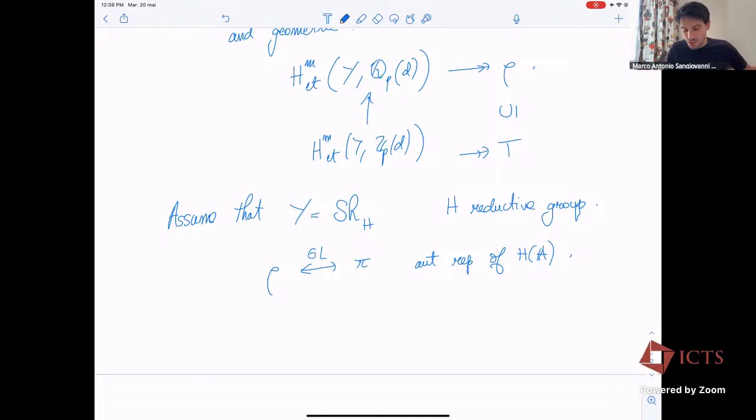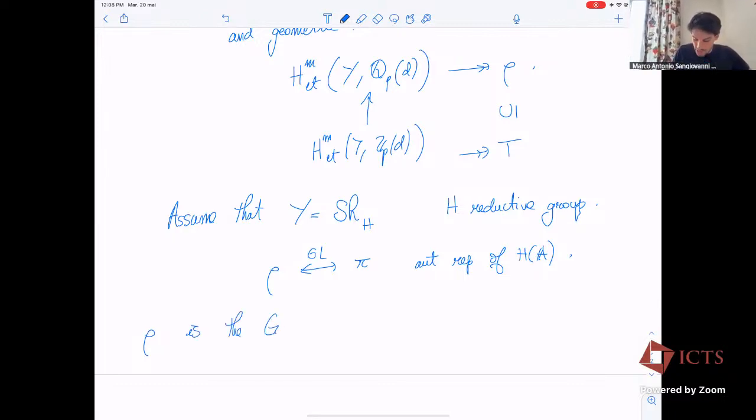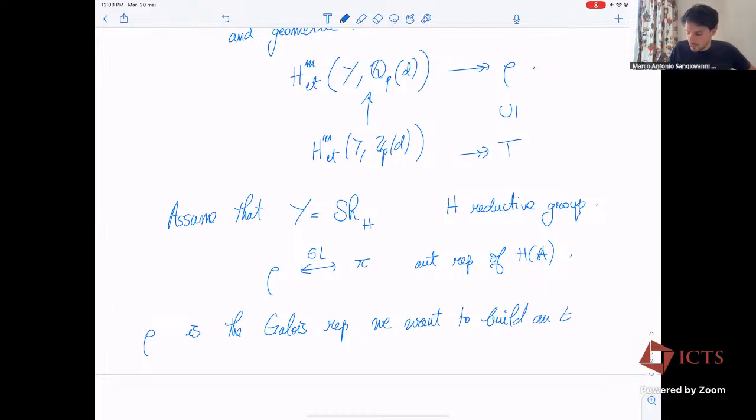Rho is the expected Galois representation that appears in the cohomology of Shimura varieties according to Kottwitz's conjectures. So rho is the Galois representation we want to build an Euler system for.